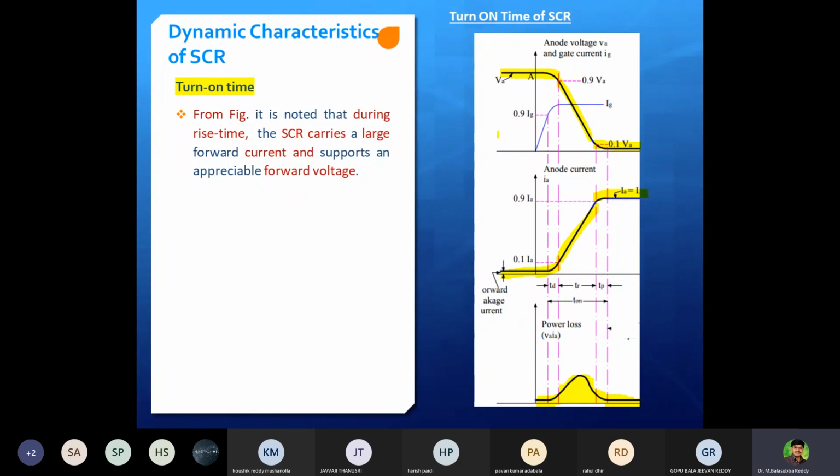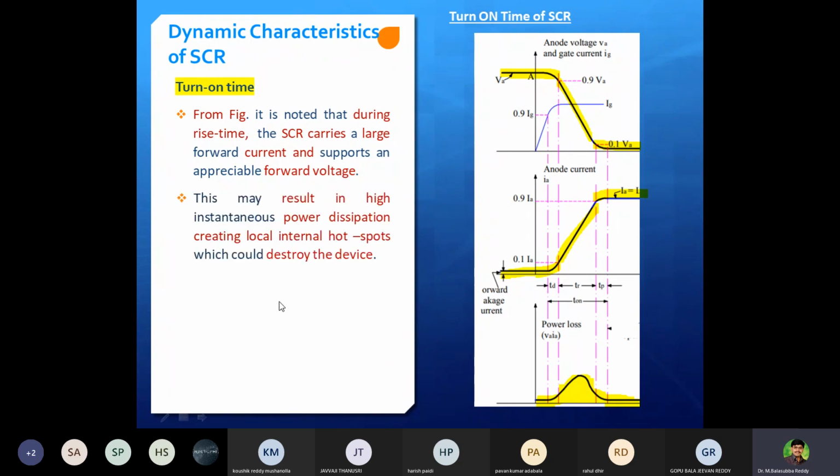So during the switching loss interval, that is how we are able to find the power loss. Power loss will be present during the on process, and once completely on it will be 0, and completely off it will be 0.